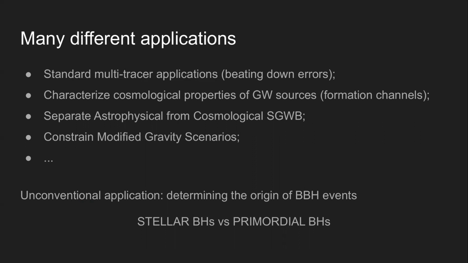And if you're interested in the stochastic gravitational wave background, you know that it is made of an astrophysical part given by binary black hole, black hole neutron star, and binary neutron star events, and its cosmological counterpart, which can come from many different models. Other applications involve constraining modified gravity scenarios and so on.